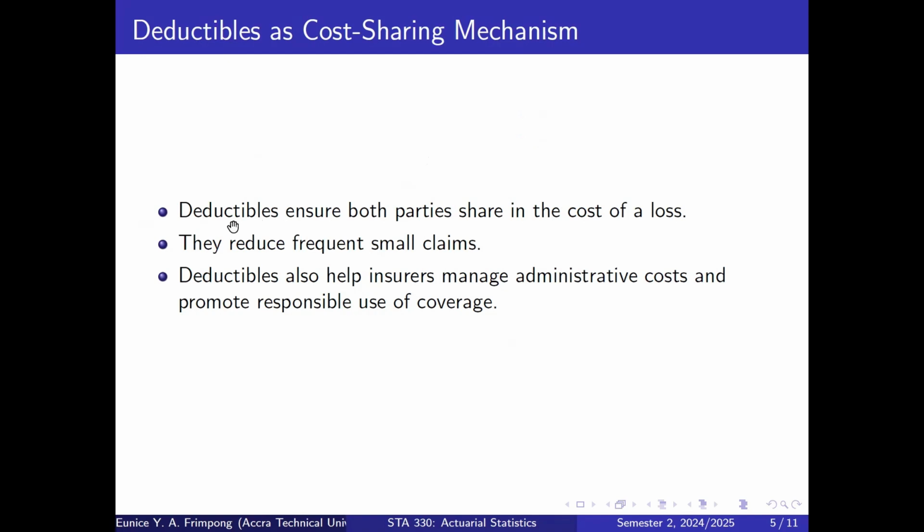Two, they help prevent frequent small claims, which can be expensive to process for the insurer. Three, they encourage responsible use of the insurance coverage. So from an actuarial point of view, this also helps in managing administrative costs and in pricing policies more accurately.